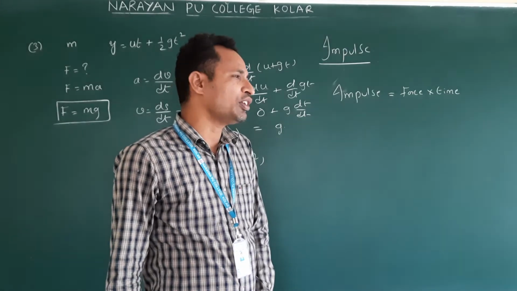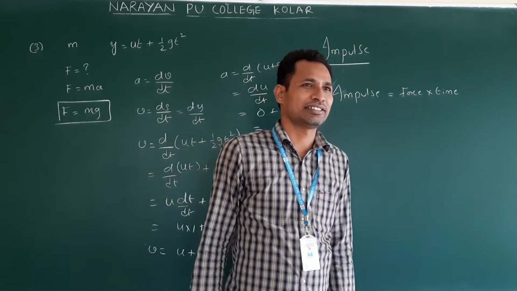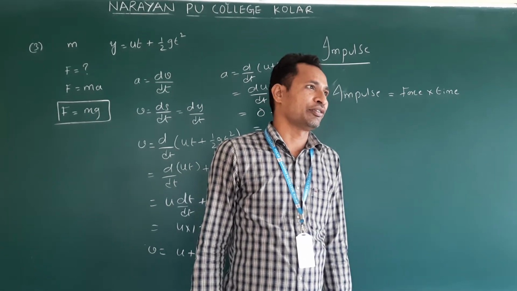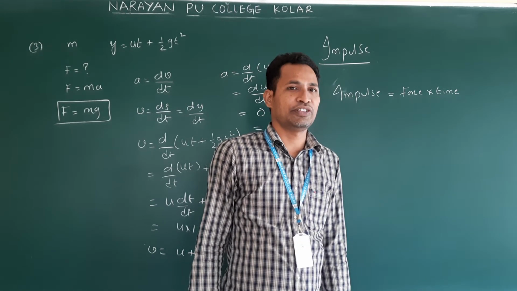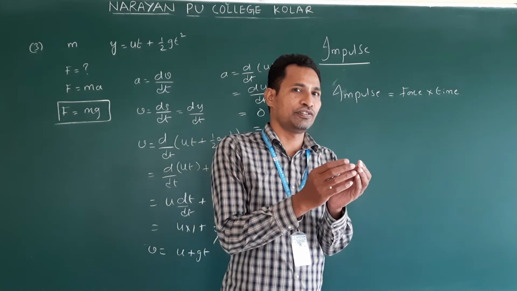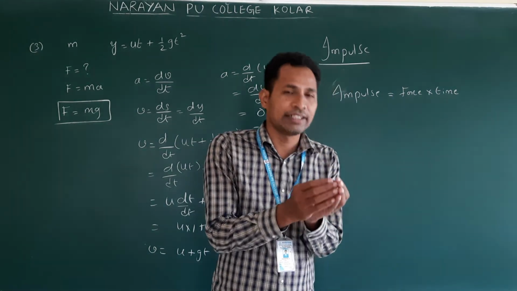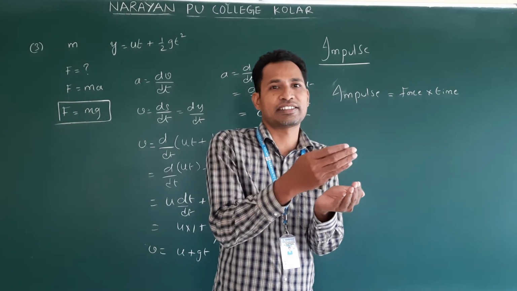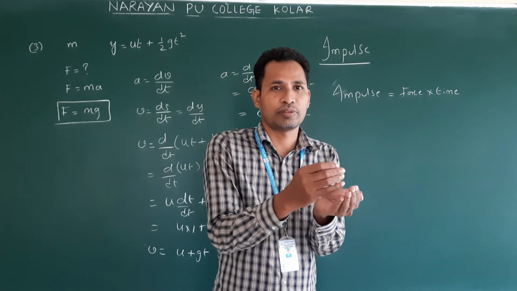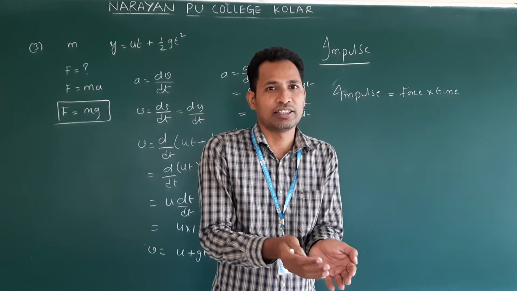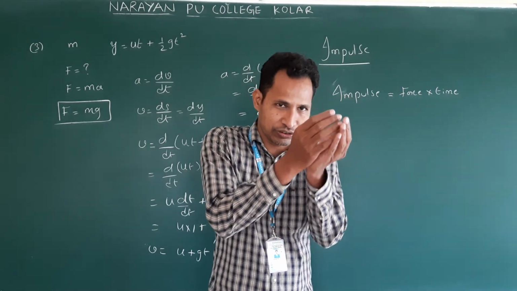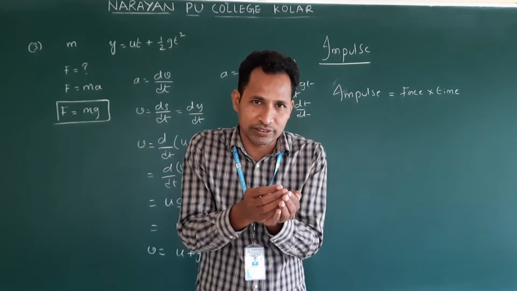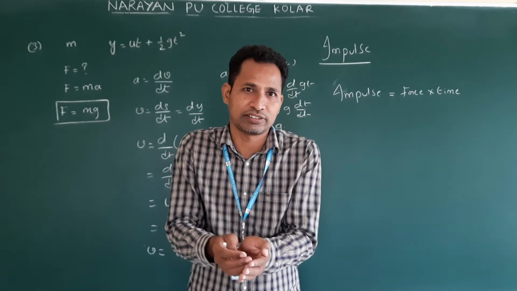You might have seen this in cricket. When players catch a ball, if during the catch they do not lower their hands, what happens? The ball bounces out of the player's hand and falls. But if they lower their hands with the ball, they can catch safely.